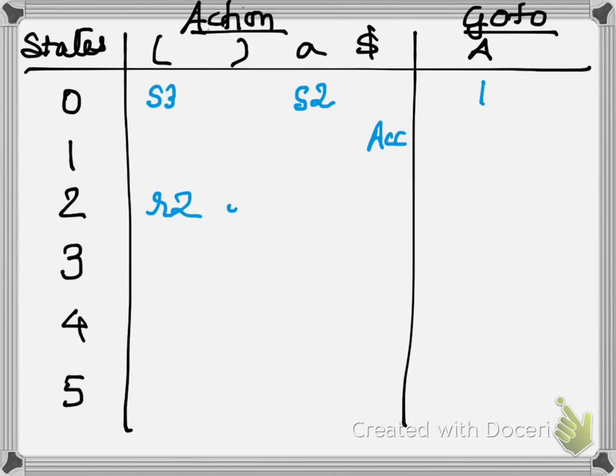And this will be written for all the symbols. So this is a reduce move, so you will put reduce in all the columns of the action section.